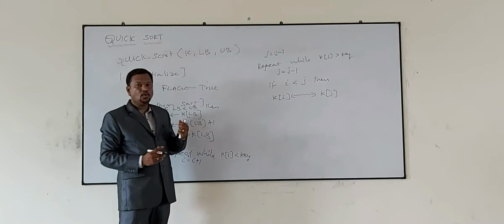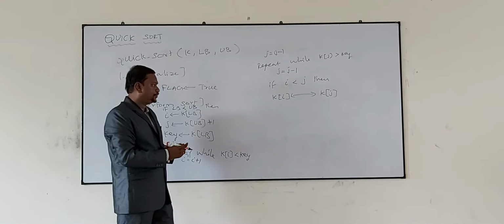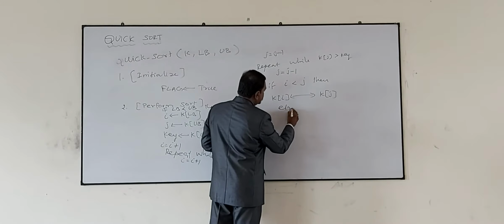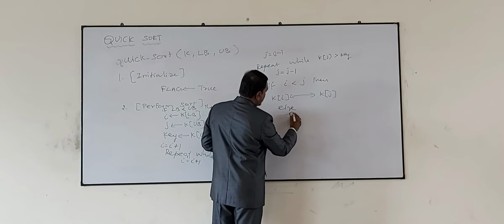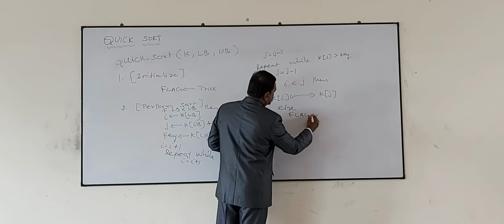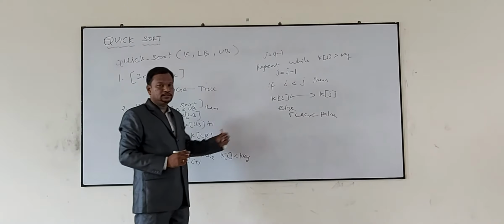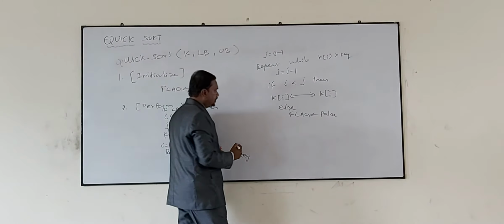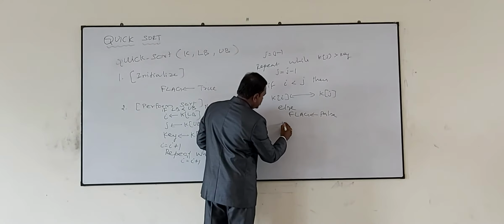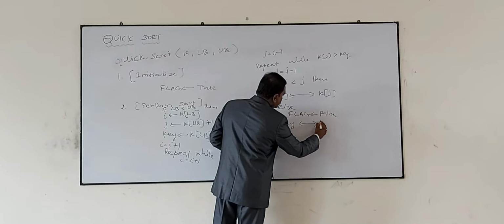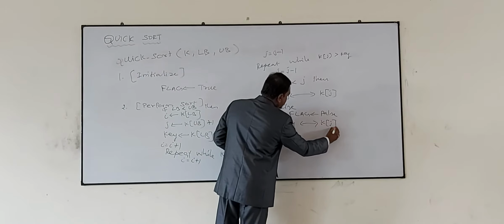When the I is overlapped by j, the process should be stopped. Else the flag is set to false. The iterative process will be stopped and we will interchange the key element with the jth position element. Key element and the jth position element is interchanged.